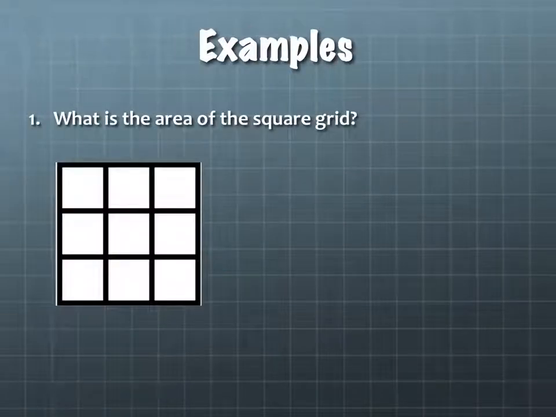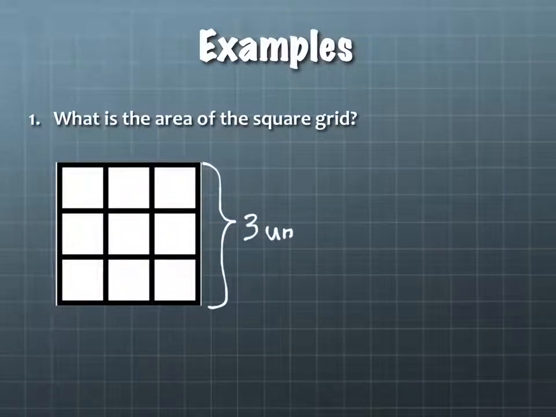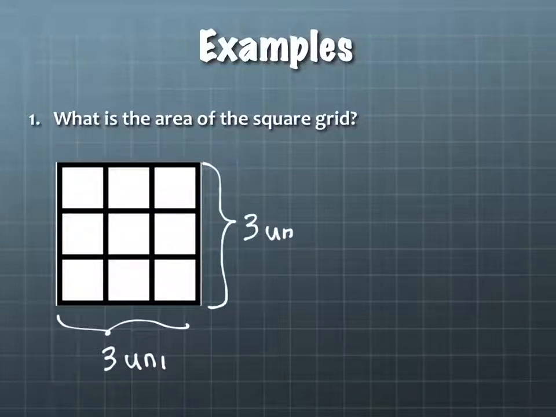If you take a look at this one, the length along the sides, and I know you guys know formulas, that's not the point of this particular problem, but the length along the side here would be what? It would be 3 units, and then the width would also be 3 units. And I know you can get the answer by multiplying, but you can also get this particular one, and this is the goal of the particular problem, by counting.